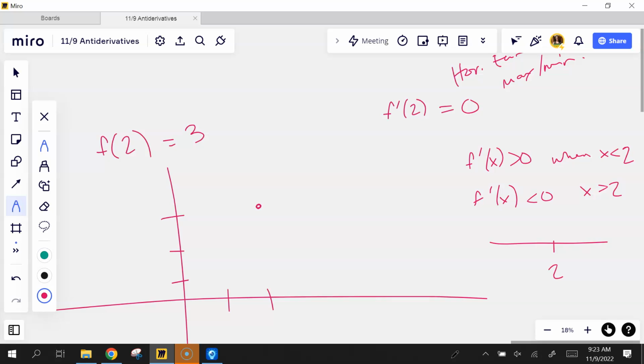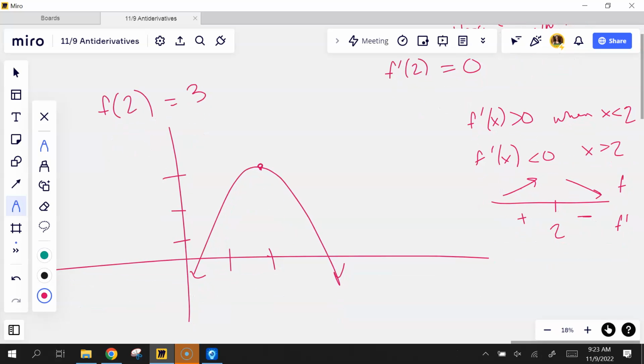When x is smaller than 2, the derivative, which tells me what the function is doing, is positive. So my function must be increasing. And when x is bigger than 2, the derivative is negative, which means I'm decreasing. So that means that at 2, which is this point 2, 3, that's going to be a maximum. So my function is going to do something like this.